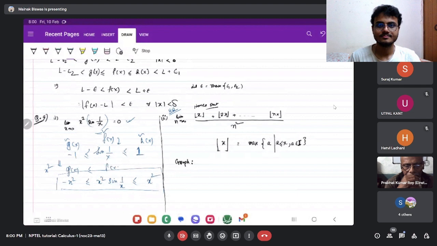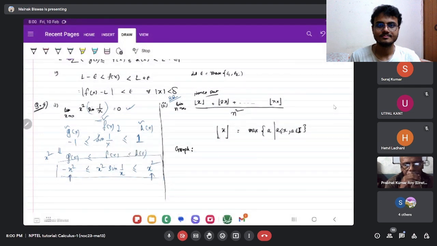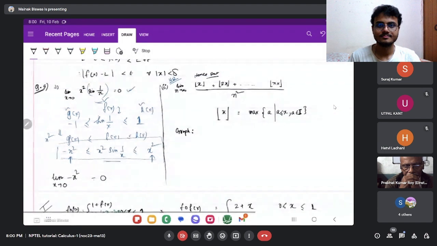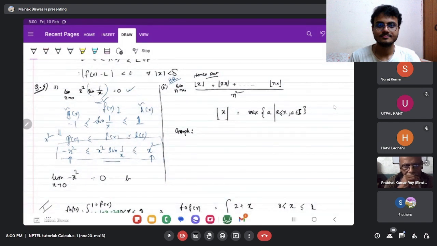Now if we can show that at x equal to 0 these two limits are 0, then this also will have to have 0 limit. So limit x tends to 0 of minus x square is indeed 0, you just put the value in, and limit x tends to 0 of x square is also 0.